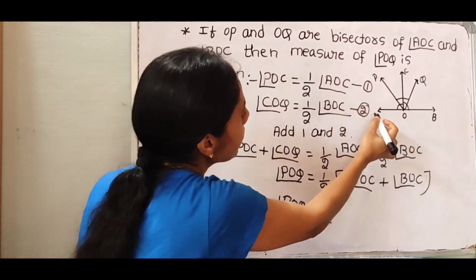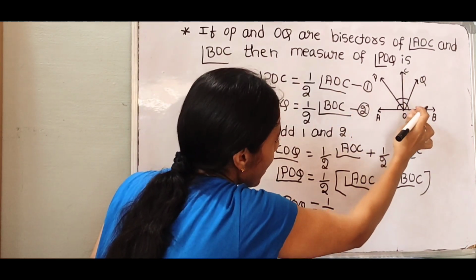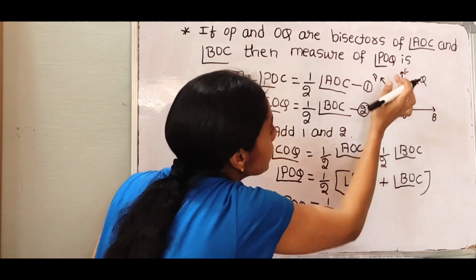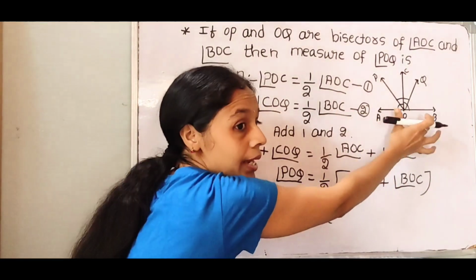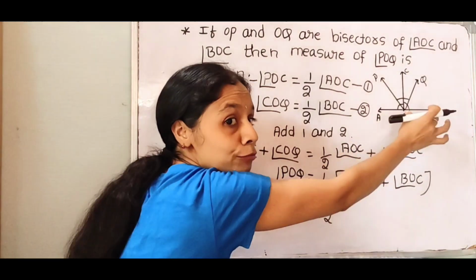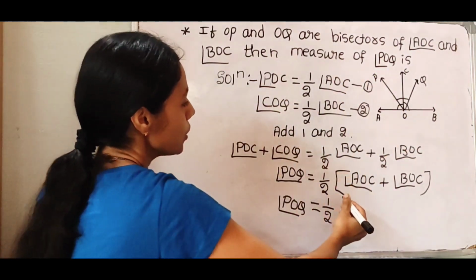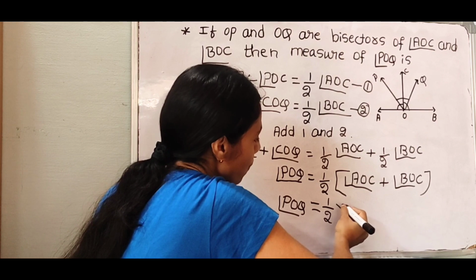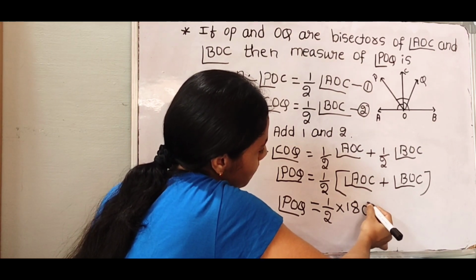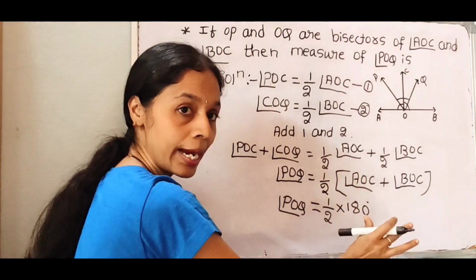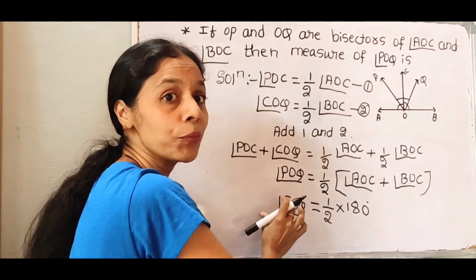Angle AOC plus angle BOC is 180 degree because it is in a straight line. The measurement of the sum of these two is 180 degree. So, we write 180 degree. To simplify this, we get the value of angle POQ.